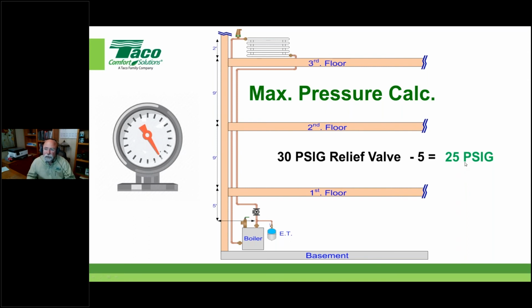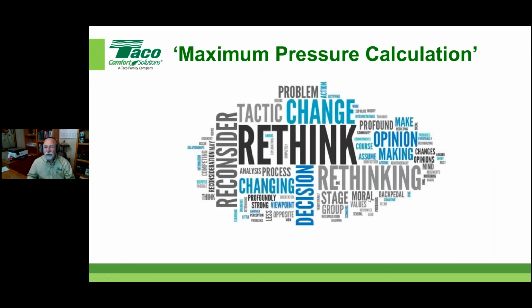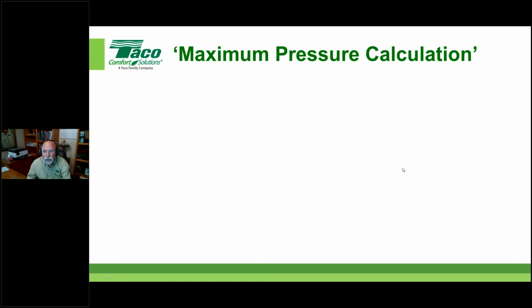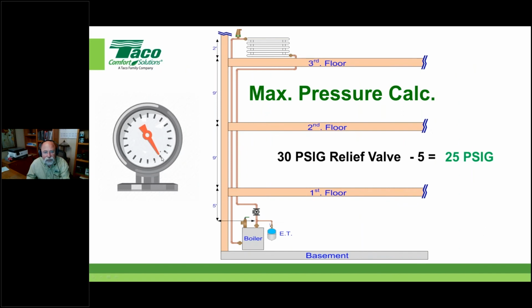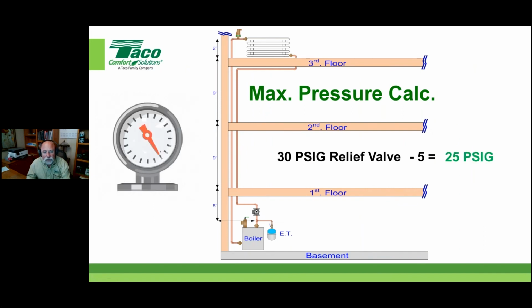Okay. So if 25 is my maximum pressure calculation, right, then let's rethink that maximum pressure calculation, because a lot of people would use that number for putting into the software. We'll give you an example here in just a minute, but I want you to think about that. If I go back again, do I really want that gauge pegged out like that for a design condition?